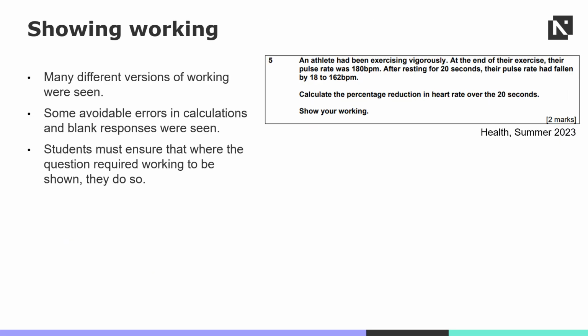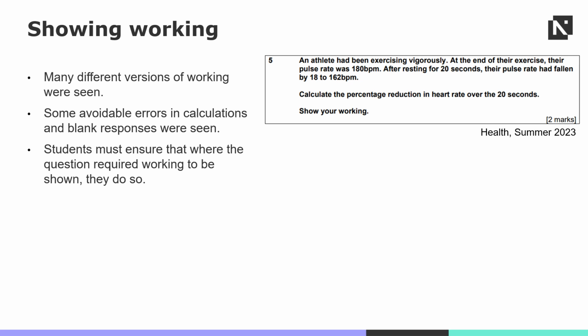So the reason that we had a look at the question on the previous slide was just to make sure that when you're working with your students, they understand the importance of working out and how it may well affect their marks. So these comments here from Chief Examiner reports suggested that overall, students attempted this question on the right well, with many different versions of working seen.